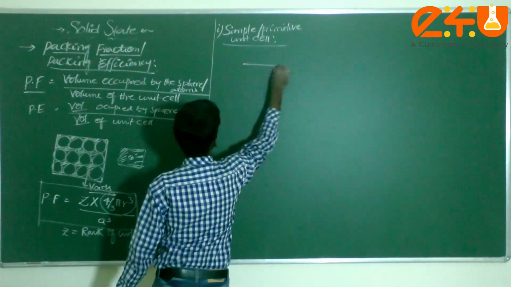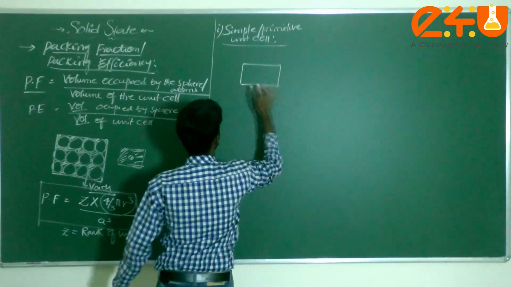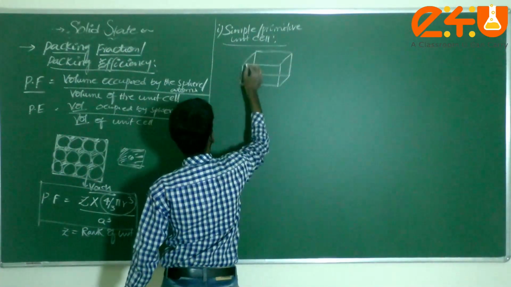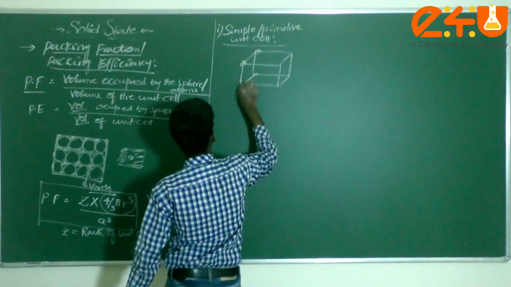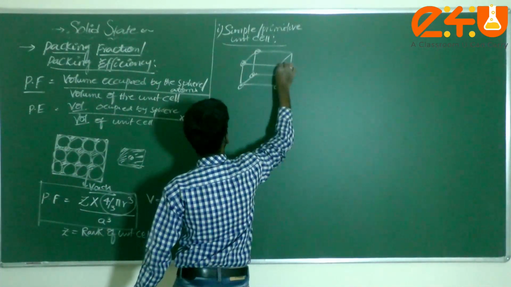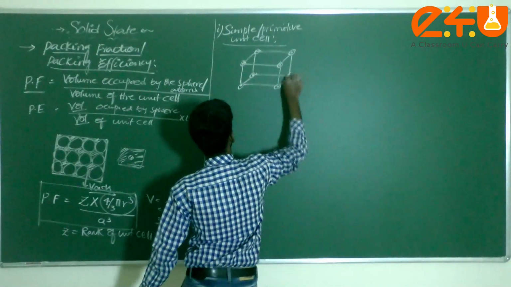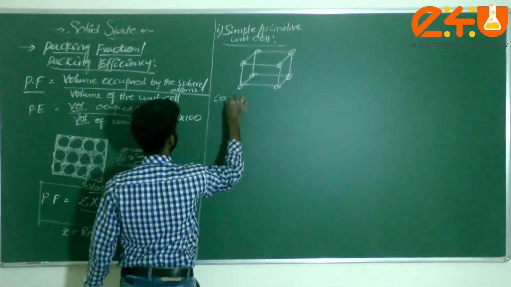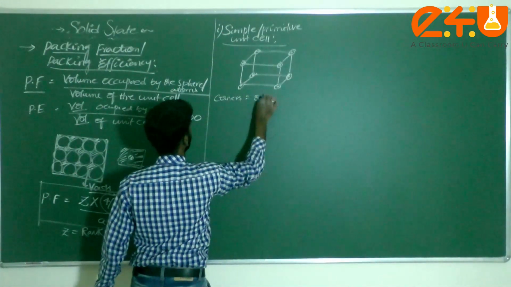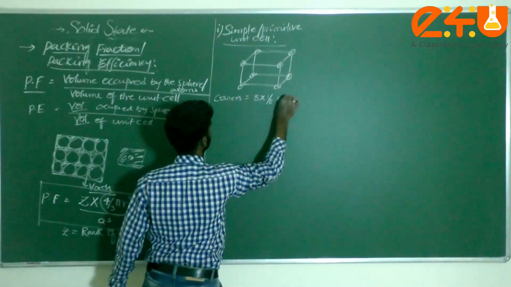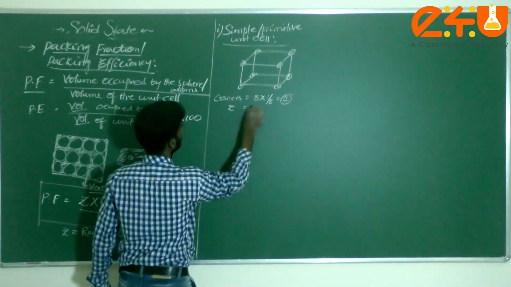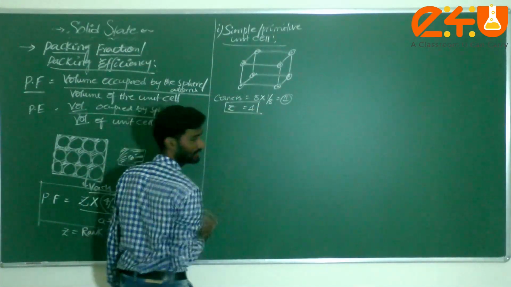Now if you consider this, all the atoms are at the corners, 6, 7, 8. Am I correct or not? Now what is Z here? Only corners, which is 8 into each contribution 1 by 8, that is equal to 1. So Z is equal to 1 for the simple unit cell.